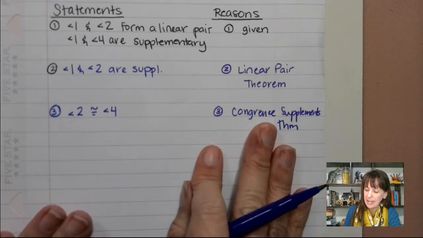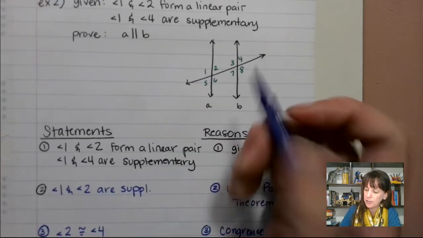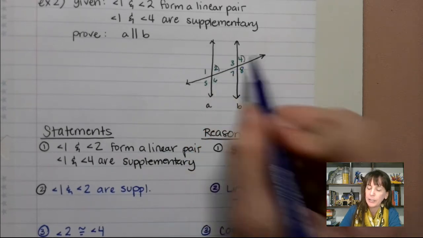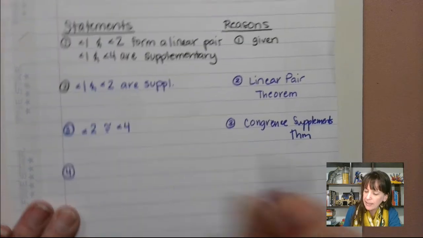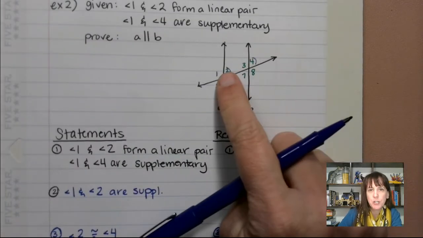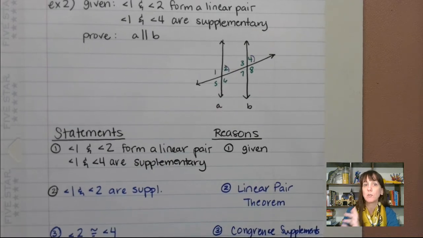Now that I've said that angle 2 and angle 4 are congruent, what we can say is, looking at that relationship there, it is corresponding angles. And if corresponding angles are congruent, then those lines are parallel.